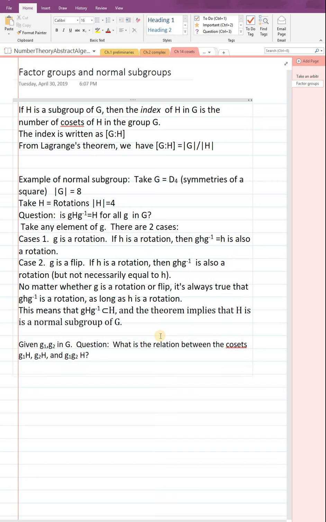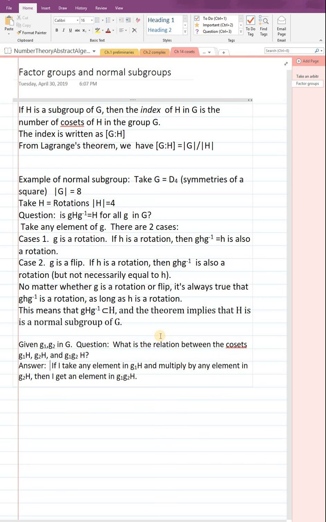All right, and the answer is if I take any element in G1 H and multiply by any element in G2 H, then I get an element in G1 G2 H. But there's a condition here.